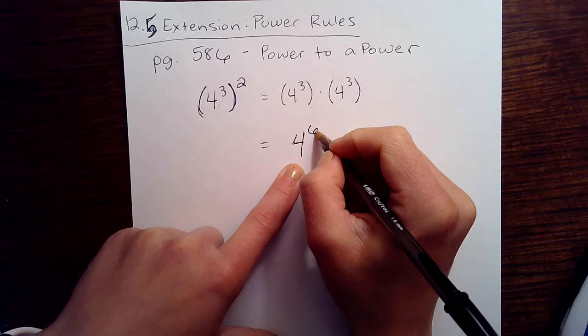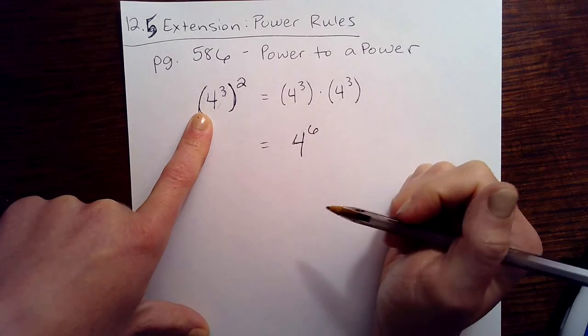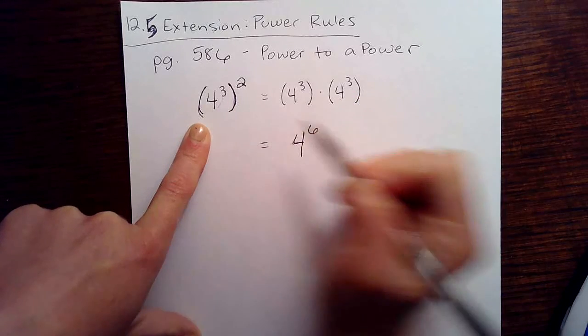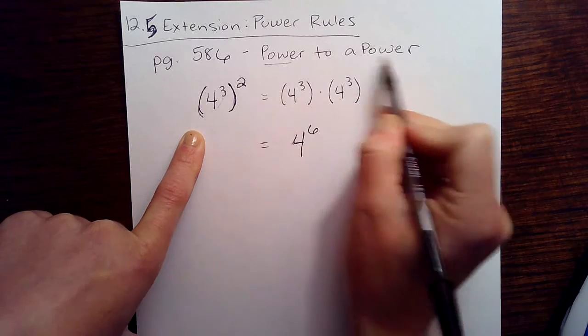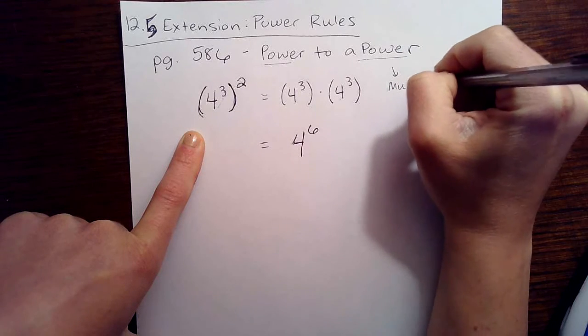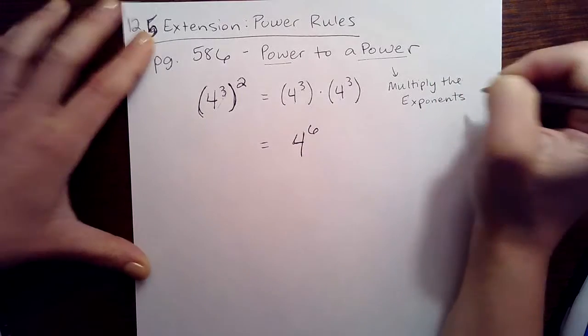Now, how did we get 4 to the 6th from this 4 to the third to the second? Well, the rule here is that we can actually multiply the exponents. When we raise a power to a power, we multiply the exponents.